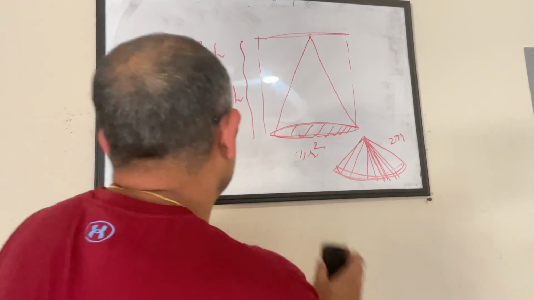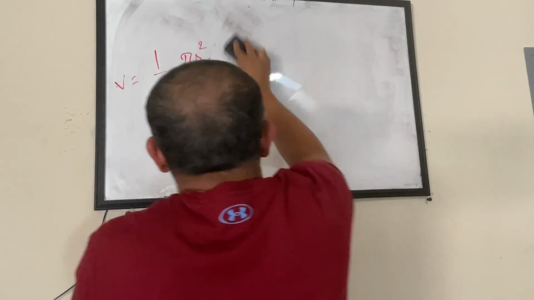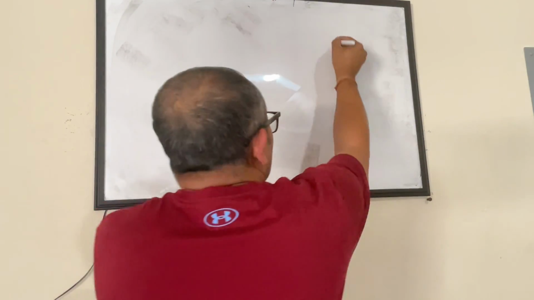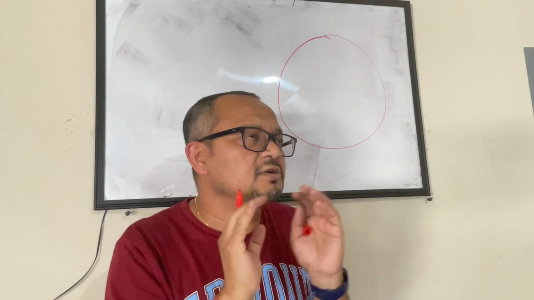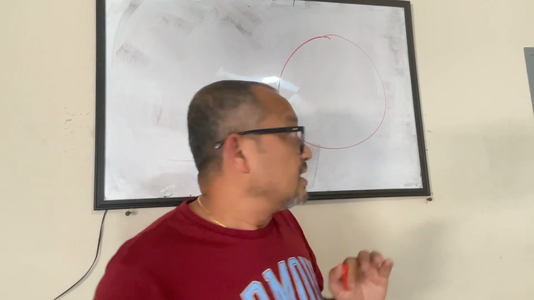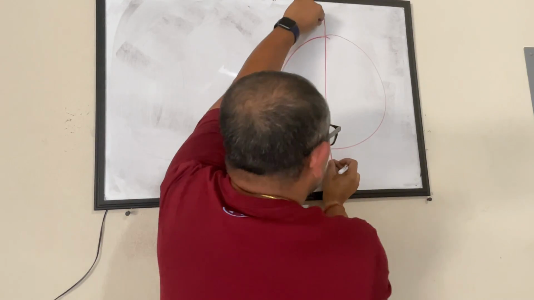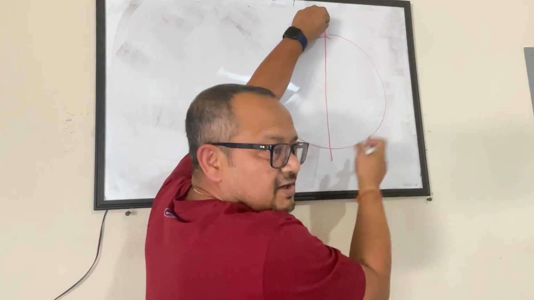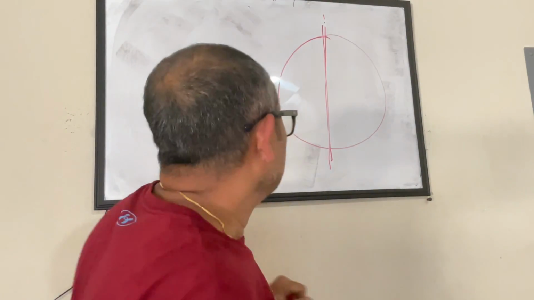If I try proving how the sphere formula is derived, I would need to take you guys to the depth of calculus. But a sphere is nothing but a football, a ball, like the earth itself. You can imagine this as a circle revolved around this line of symmetry, which passes through the center, and it makes a sphere.